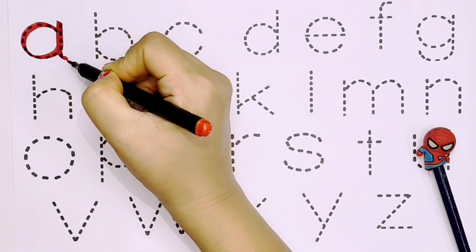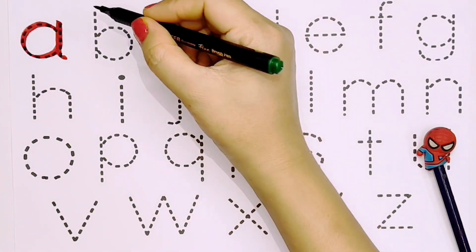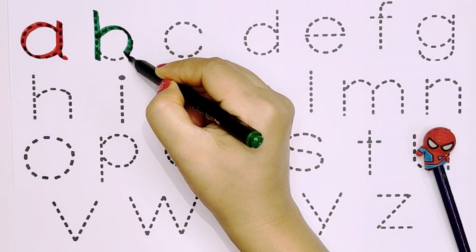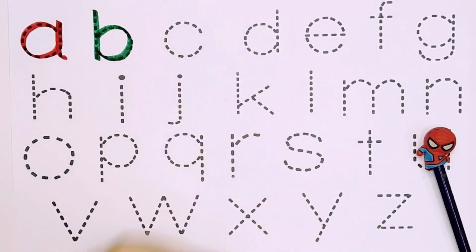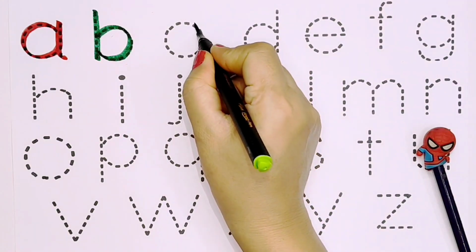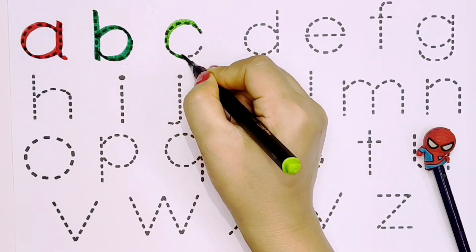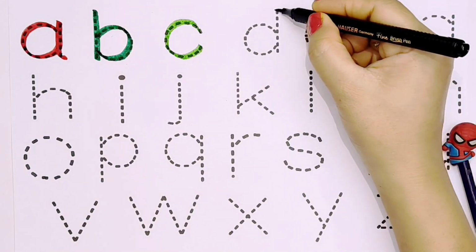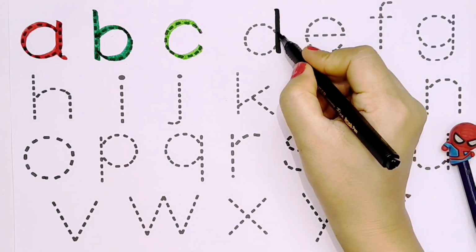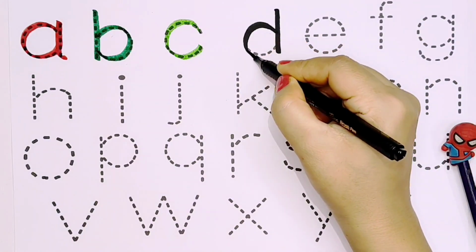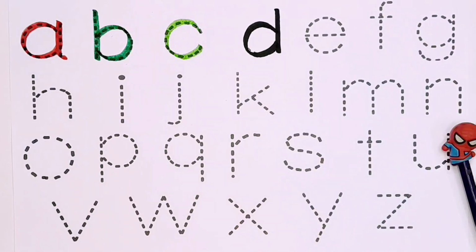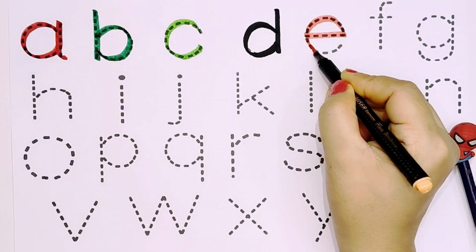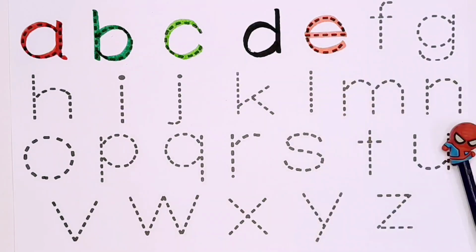A for apple. B for butterfly. C for cow. D for doctor. E for elephant.